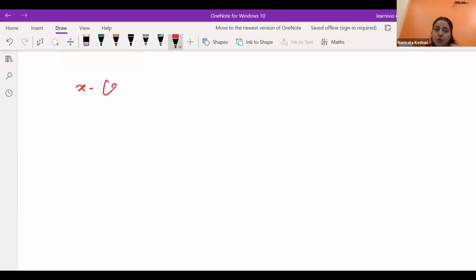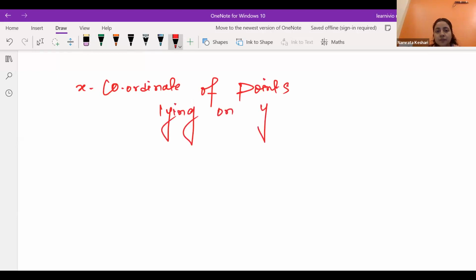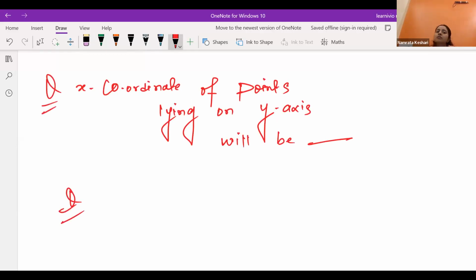The x coordinate of points lying on the y-axis will be, please tell me, what will be the x coordinate of points lying on the y-axis?